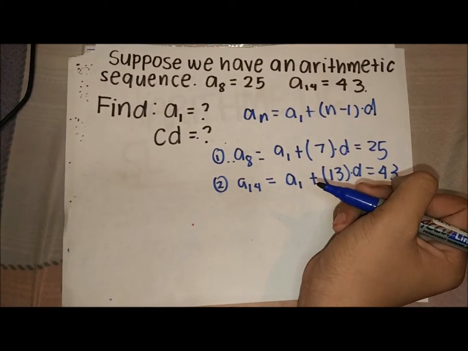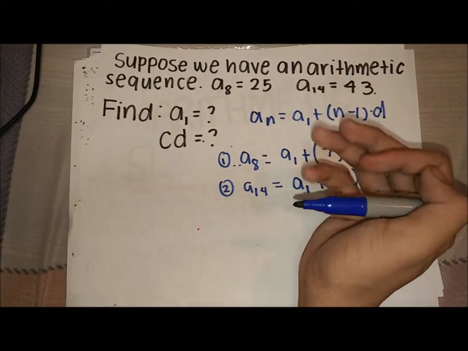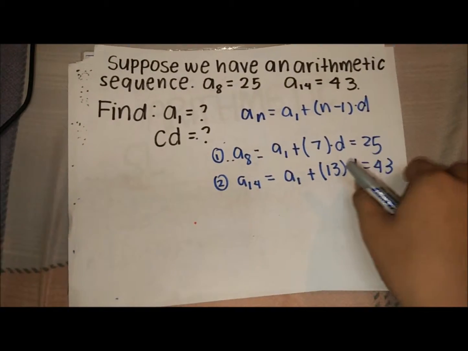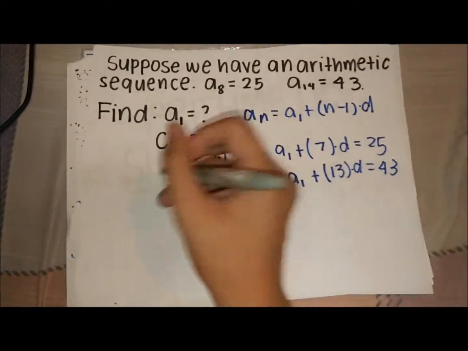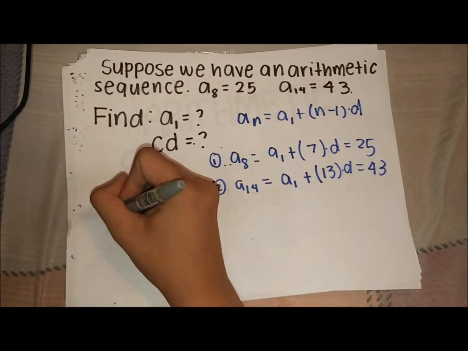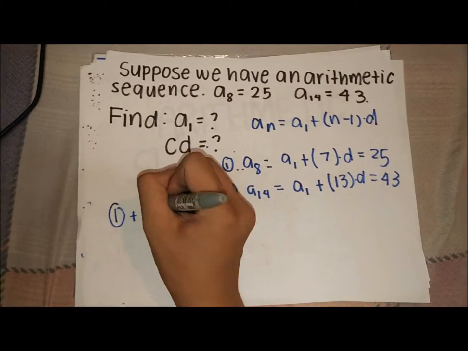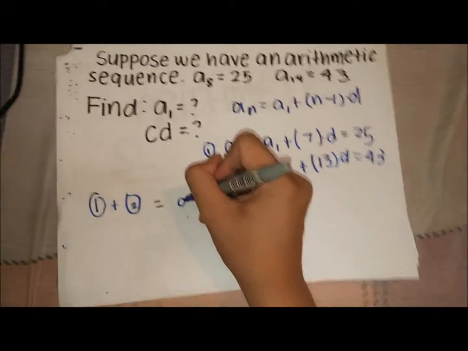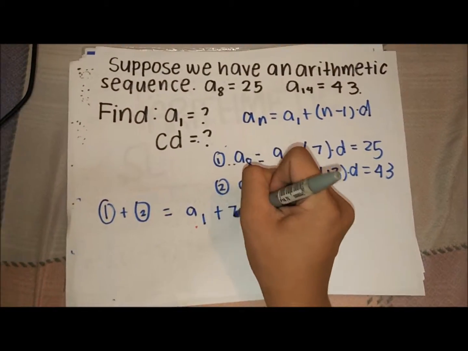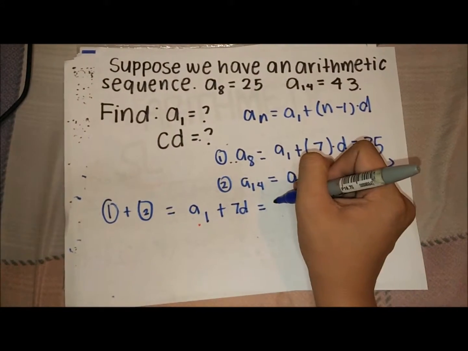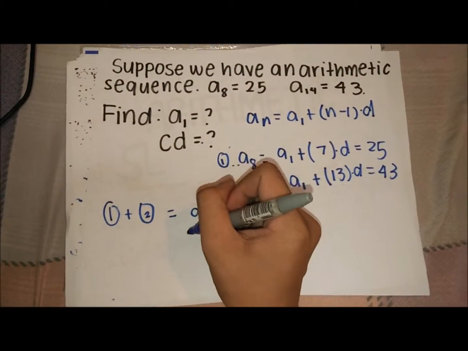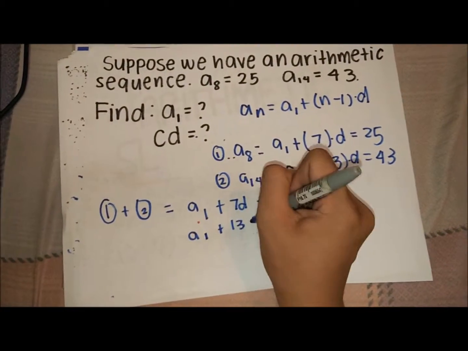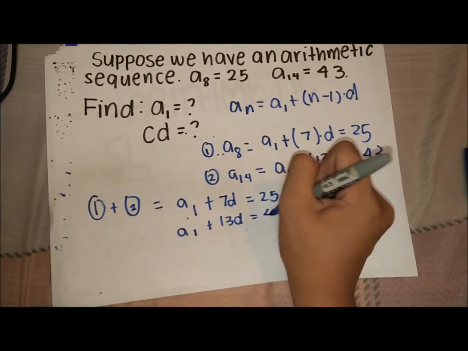To get a sub 1 or d, we just need to eliminate one. So equation 1 is a sub 1 plus 7d is equal to 25, and equation 2 is a sub 1 plus 13d is equal to 43.